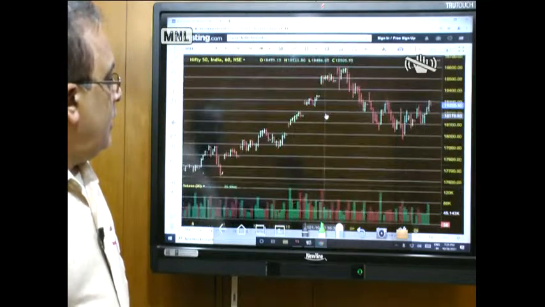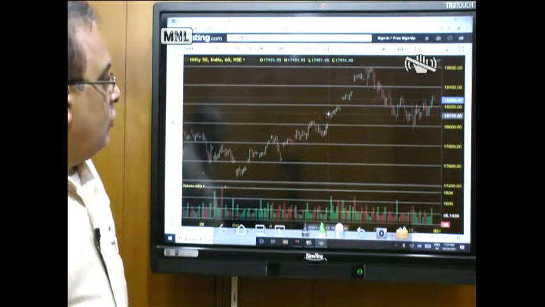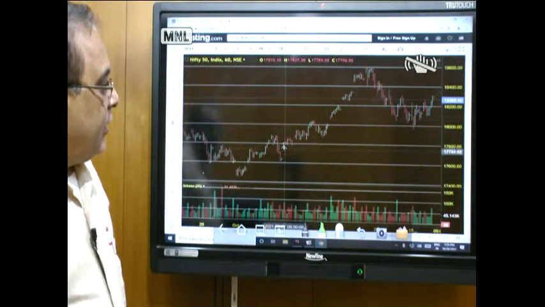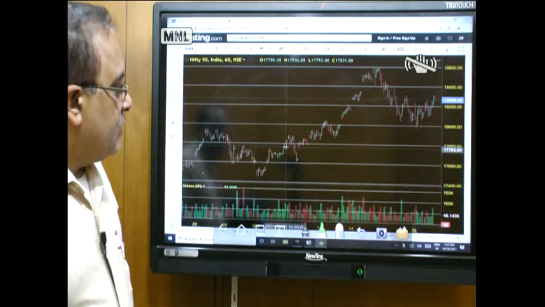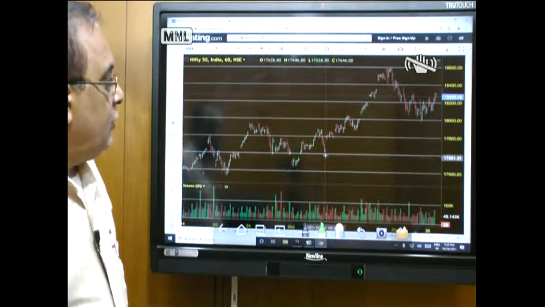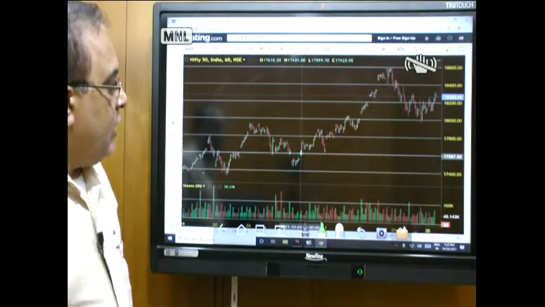We will look at some other day. Now look at this particular day. This particular day also was not a gap up, because it was well within the range of the previous day. Now this is a gap up. See, this day is a gap up. So this day is a gap up on the 4th.